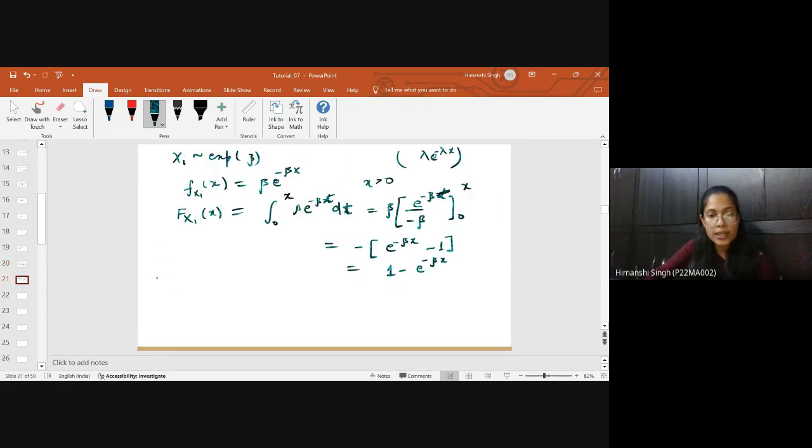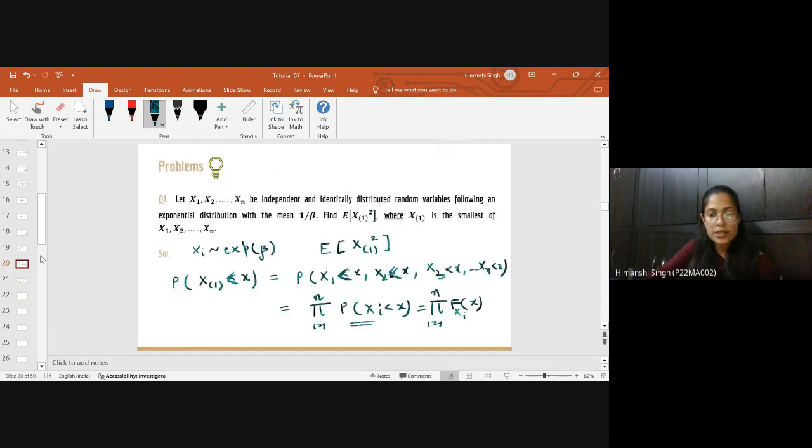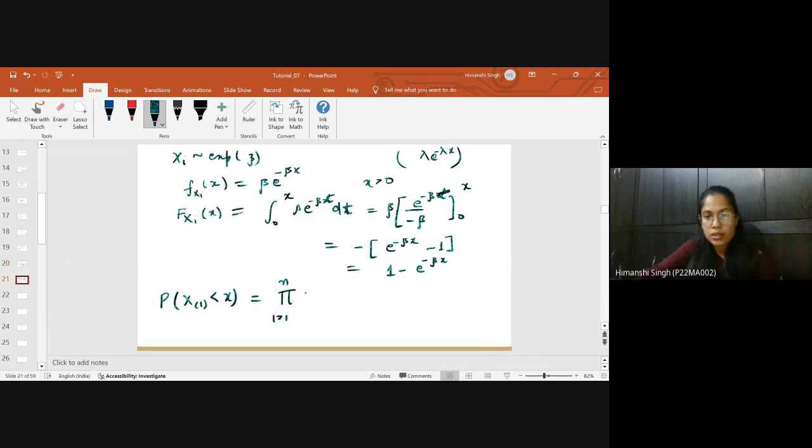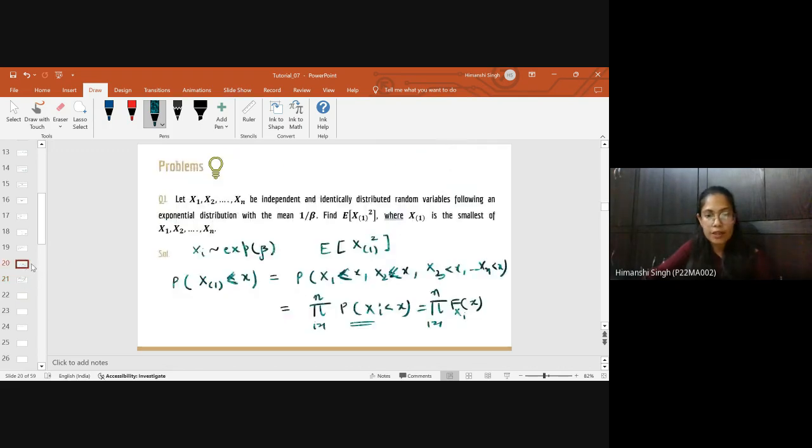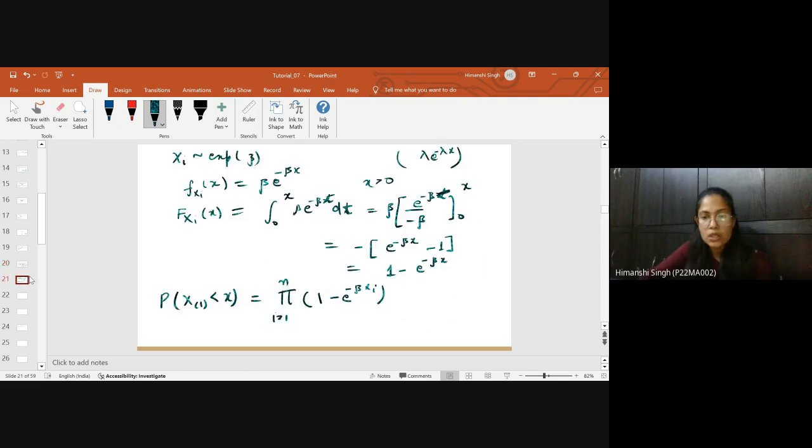So probability X1 less than x is equal to product, i going from 1 to n, of the expression F of xi x, which we are taking to be 1 minus e to the power minus beta xi. So this will be the CDF, and we need to find the PDF now. So what will we do?